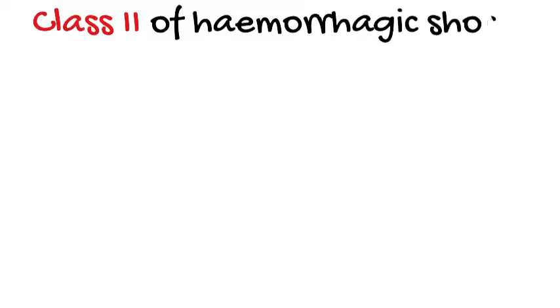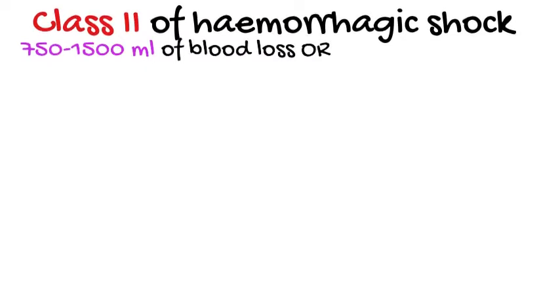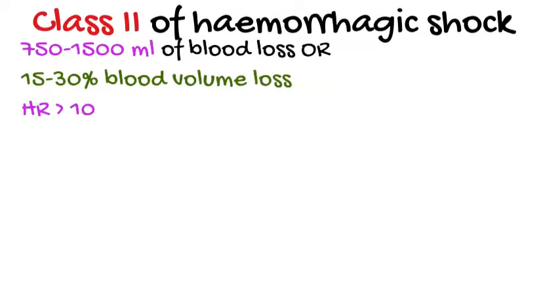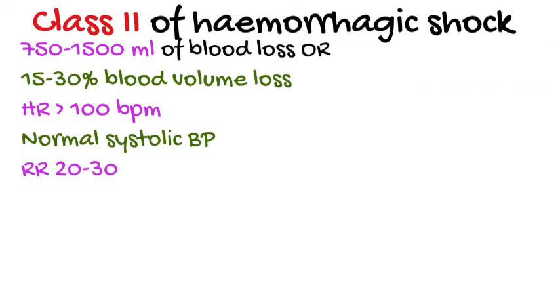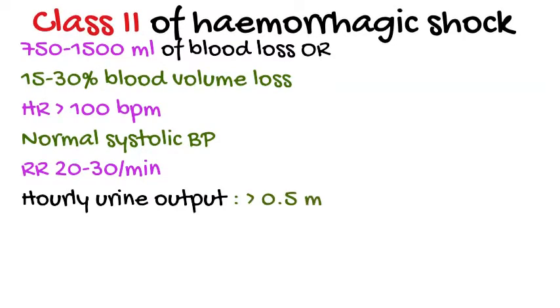In class 2 of hemorrhagic shock, the patient loses around 750 to 1,500 ml of blood, or 15 to 30% of blood volume. The heart rate will be more than 100 beats per minute, but the systolic blood pressure will be normal.